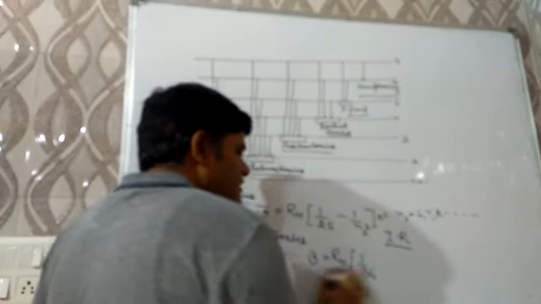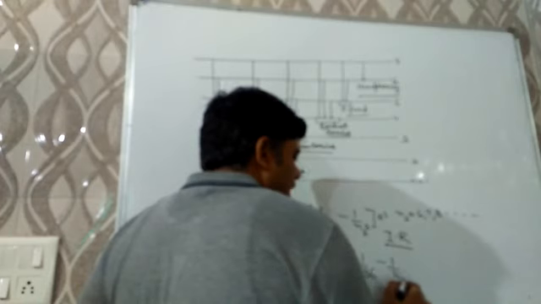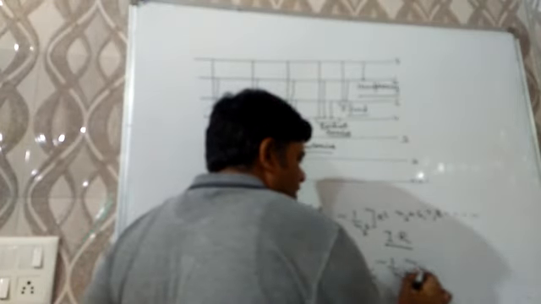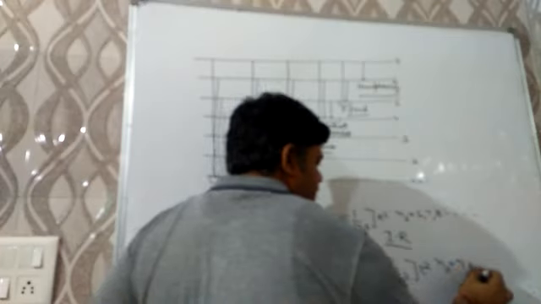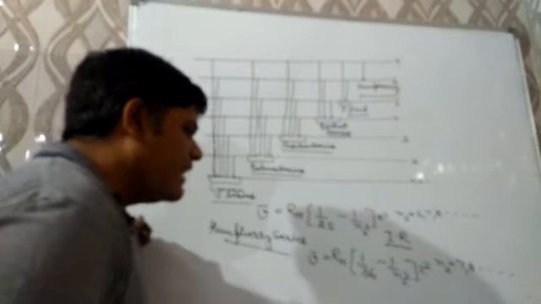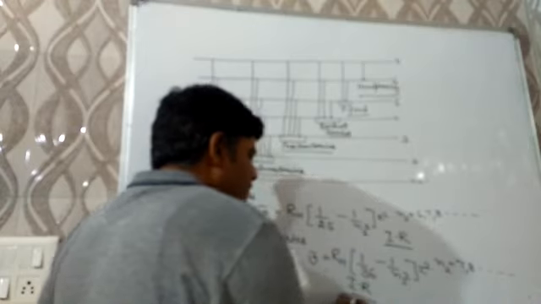For it, wave number will be equal to RH into 1 by 36 minus 1 by n2 square, into Z square, where n2 can be 7, 8, up in this way. It also lies in the far infrared region. These are the six series of lines.